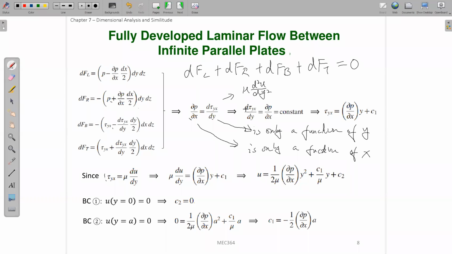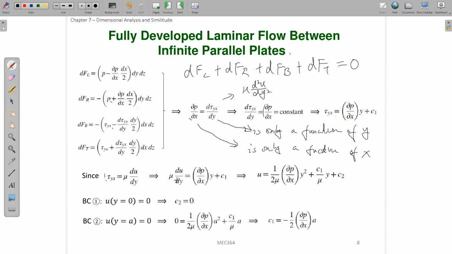Knowing this is constant, we can solve for tau yx by just integrating on y. Integrate this differential equation on both sides for y. You find that tau yx will be partial p partial x, because this is constant, times y plus c1.